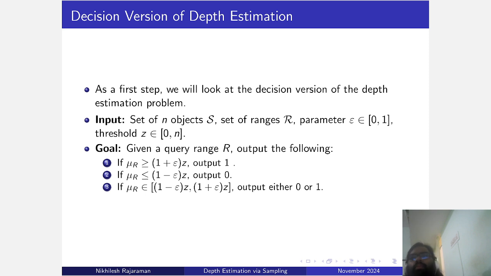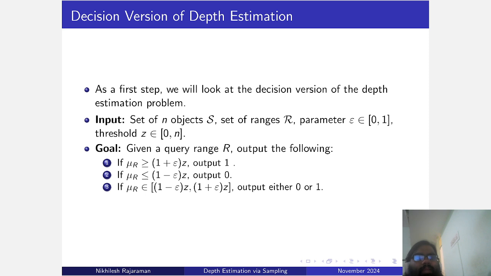So here, this decision problem that we have defined is clearly a simpler problem than the estimation problem, in the sense that the decision problem reduces to the estimation problem. So if we have an algorithm to get an estimate of the depth, then we can use that to easily solve this decision problem as well, by just checking if that estimate of the depth is greater than the threshold or less than the threshold.